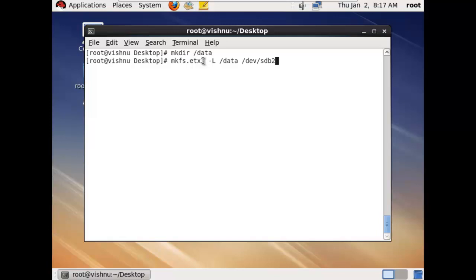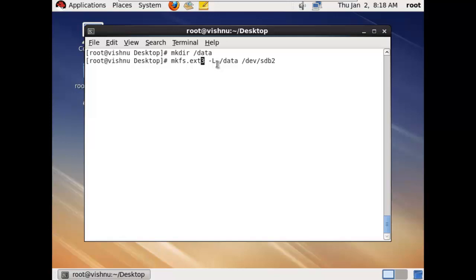What is this ext3? So guys, in Windows environment we know that there is a file system, and the file systems used in Windows environment are NTFS, FAT32 and many other kinds. But guys, in Linux environment we have file systems as ext1, ext2, ext3, and now the latest version of file system is ext4.